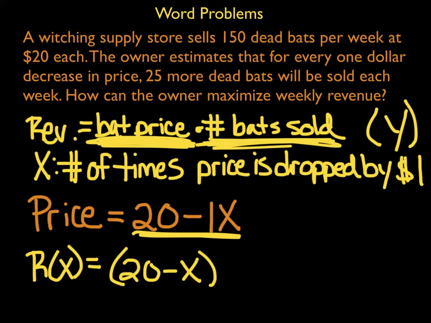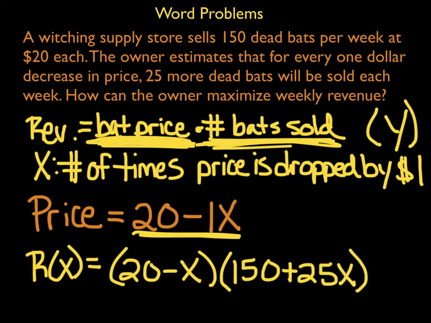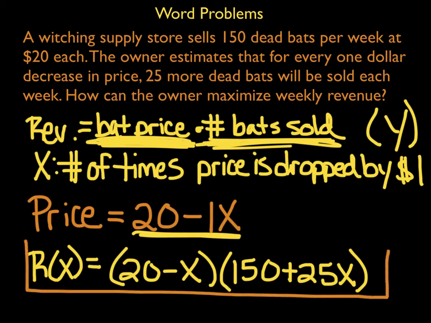And the number of bats sold is, well, he says there's 150 sold each week, and every time we drop the price, plus 25 more, 25x, gets sold. So this is your quadratic equation, with x representing the number of times he drops the price. And that's what we want to figure out. How many times should he drop the price in order to maximize revenue? Since this is going to make a quadratic, it will have a maximum point.